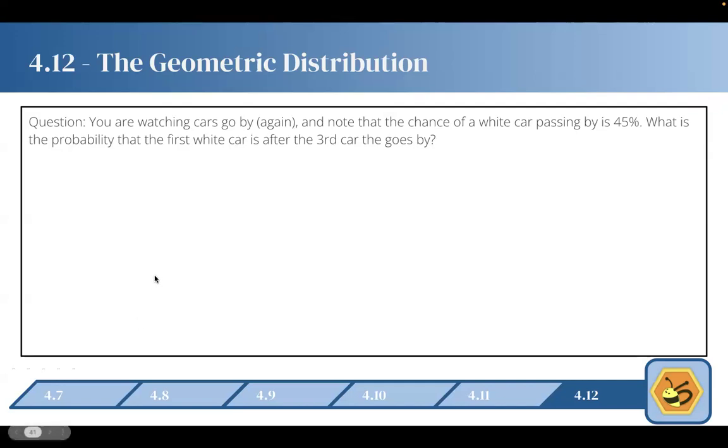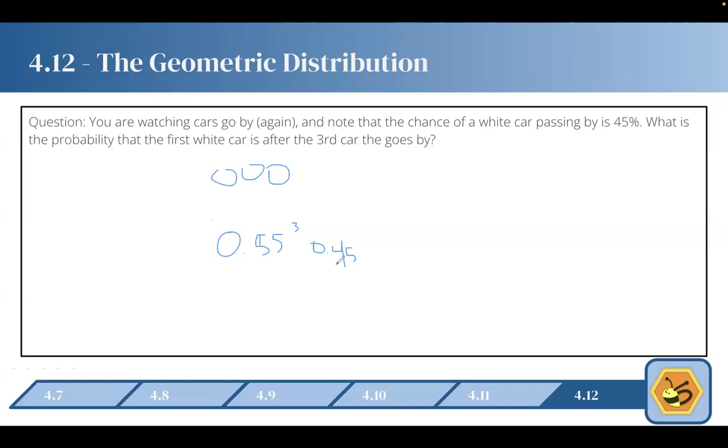Great. So Hi says 0.55 to the 3 times 0.45. That is a great idea. Let's see what that would mean, right? 0.55 to the 3 times 0.45. So what this means is we have the first 3 cars being failures, right?